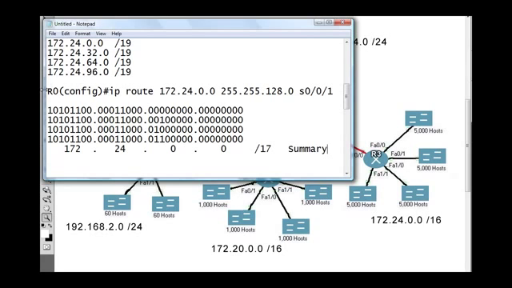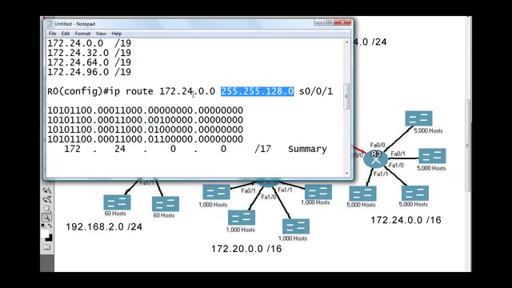And then the configuration that you would put in the router would be ip route 172.24.0.0, and it would actually take the same subnet mask as our last example, because the last common bit is right here. That's 17 bits from left to right, over 8 bits, and then 1 bit, the last common bit.